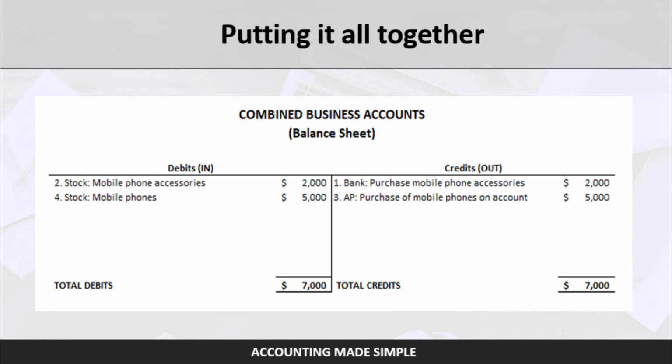Number 3, we show $5,000 for the purchase of mobile phones on a 30-day account. This is effectively money that will be going out of the business in 30 days. And 4, the mobile phones are coming in to our business as stock or inventory.